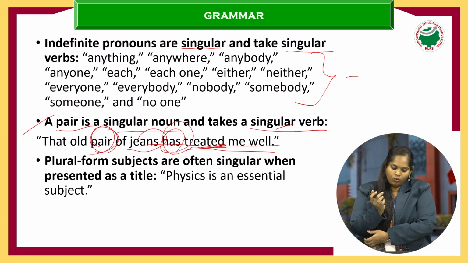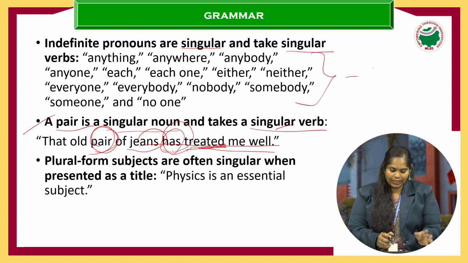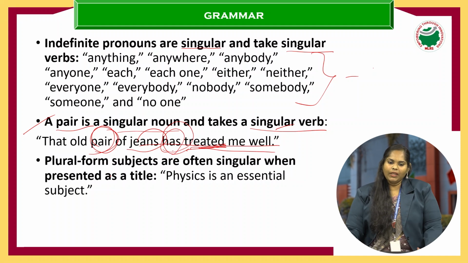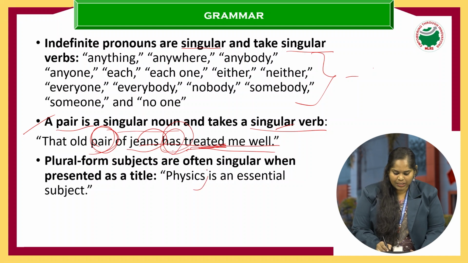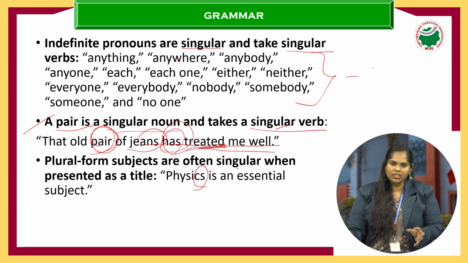Fine. Next is a plural form subject, where they are considered as a singular, as a title. Okay, think robotics. Robotics is the trending course. I'm just giving an example, robotics, because there it has an S, it's not like that. Robotics is a trending, high paid, essential engineering course that gives opportunity and everything.